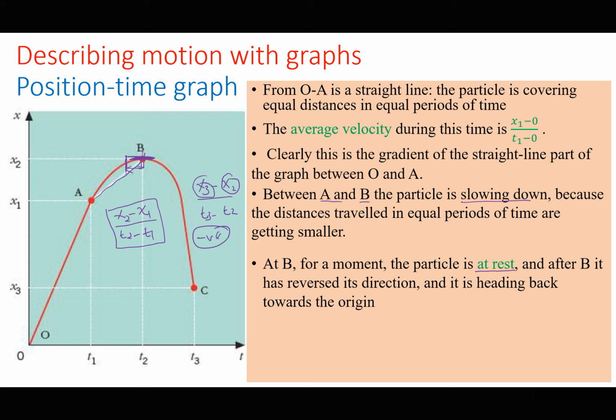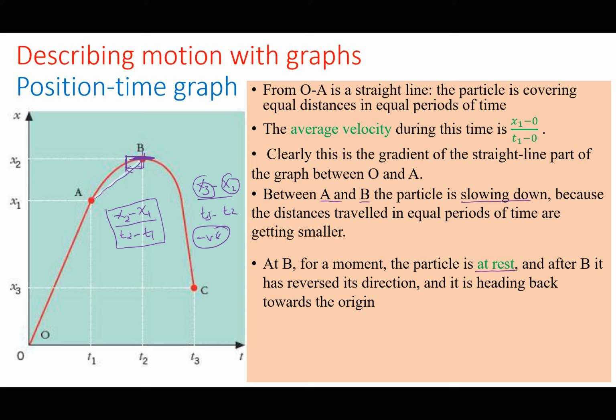And the negative in this case will also imply that there has been a reverse of direction. That's why now the position or the distance is becoming smaller with respect to the origin. That's why we are going to get a negative, because x2 is bigger than x3. So when we subtract, we are most likely going to get a negative value.